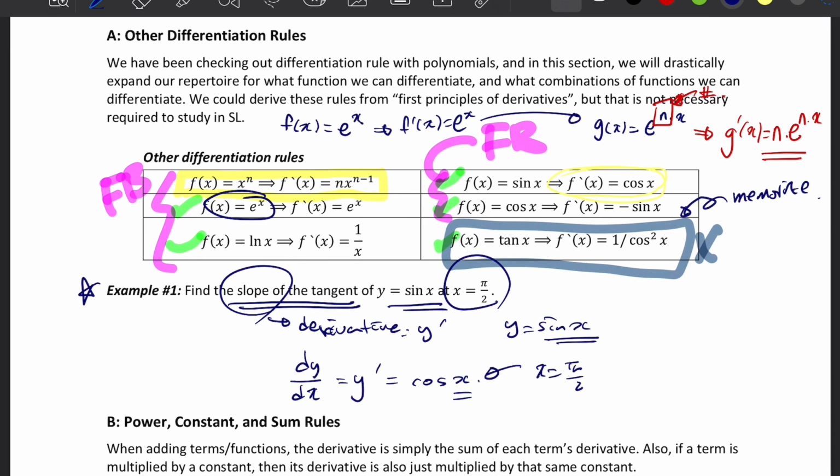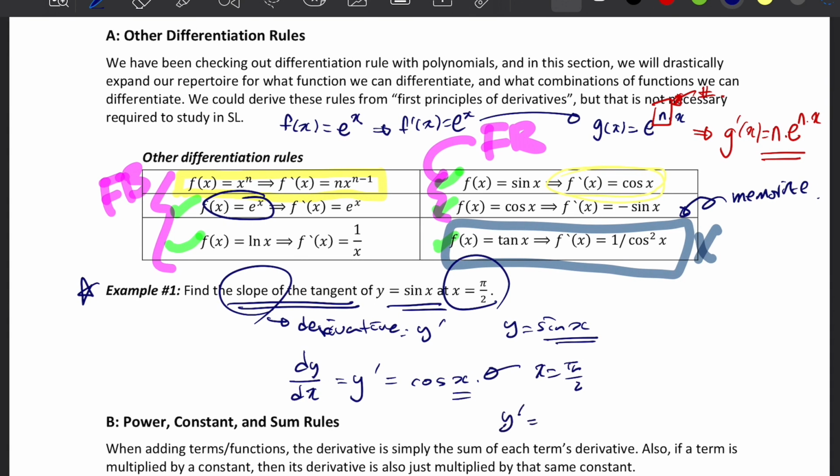Then we have y prime equals cosine pi over 2. Your y prime value is equal to 0 according to the unit circle. On the unit circle, pi over 2 is 90 degrees, and our cosine value is this point here, where the cosine value equals 0 and the sine value equals 1.